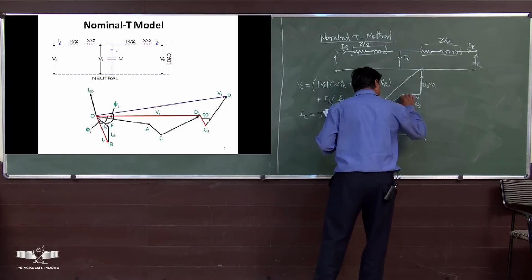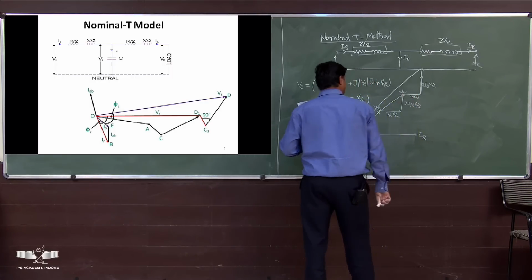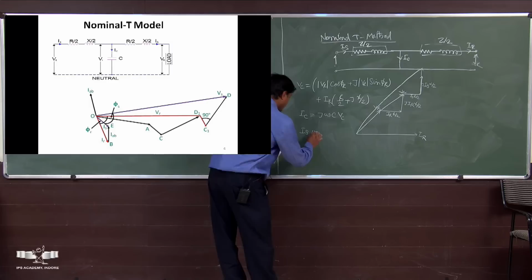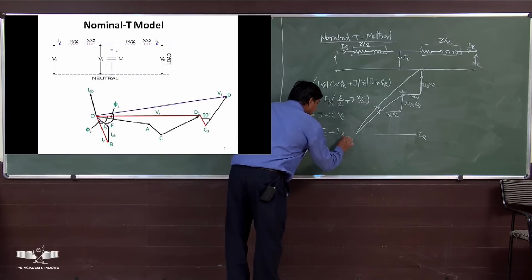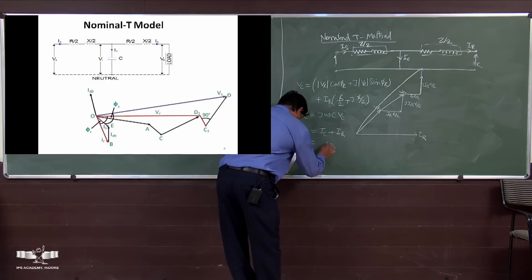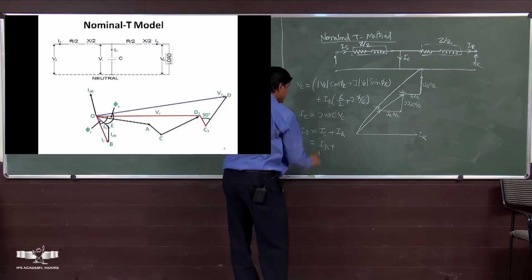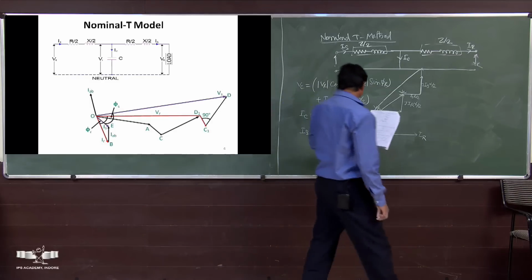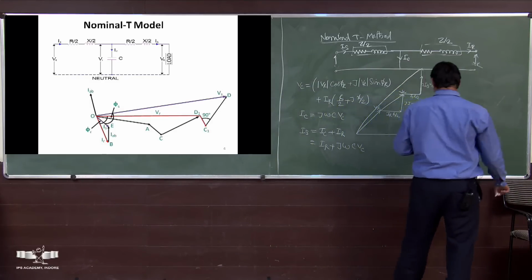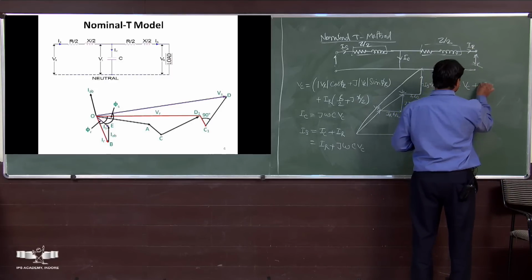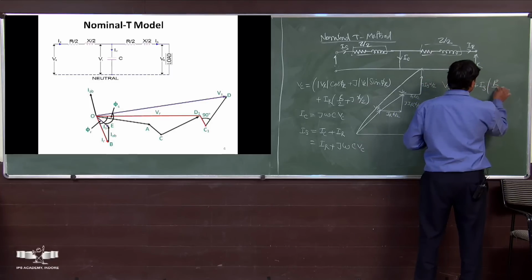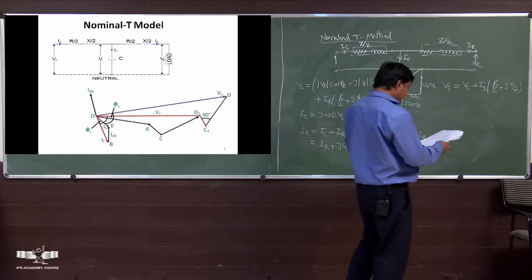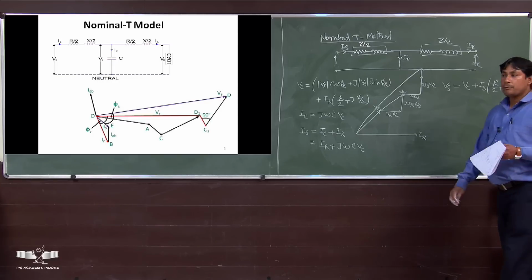In this model we can write IS equal to IC plus IR, and substituting the value of IC, IR plus j omega C into Vc, finally we write the sending end voltage Vs equal to Vc plus IS into R by 2 plus j X by 2. This is the sending end voltage.